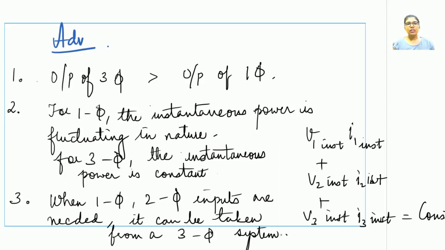So these are the three basic advantages of a three-phase system over a single-phase system. And due to these unique advantages, three-phase systems are being widely used all over the world.